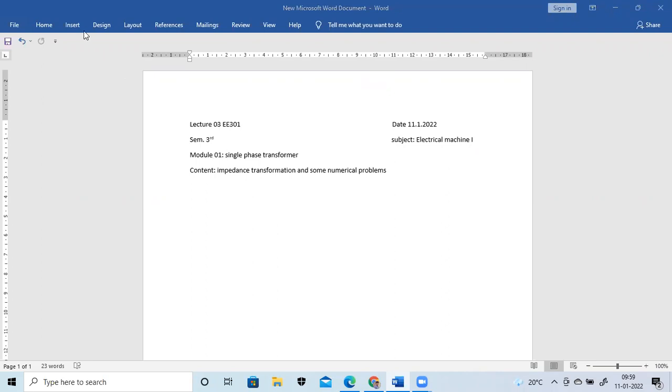So what was the relation for the ideal transformer turns ratio? Anyone? Just tell me.